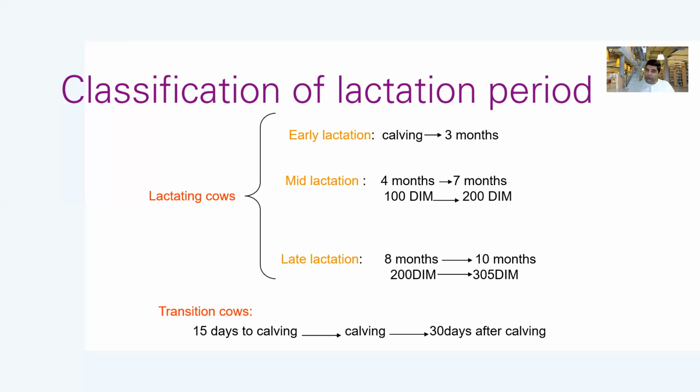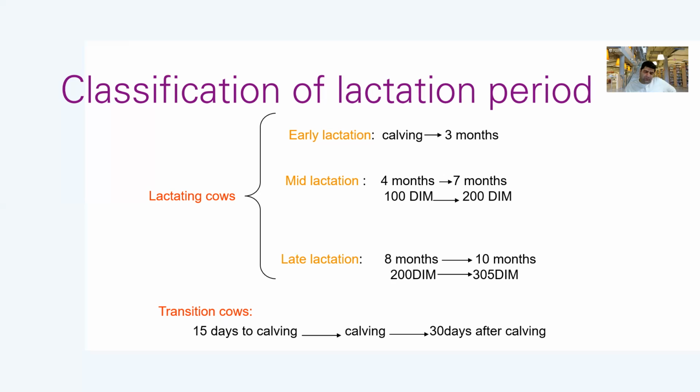The most important part is transition cows. Transition from pregnancy to lactation. If you can manage this period, the transition period, you will succeed, for sure, no doubt. But if you have problems in managing the transition period from the nutritional standpoint, most likely you will end up with different disasters, different metabolic disorders in your herd.